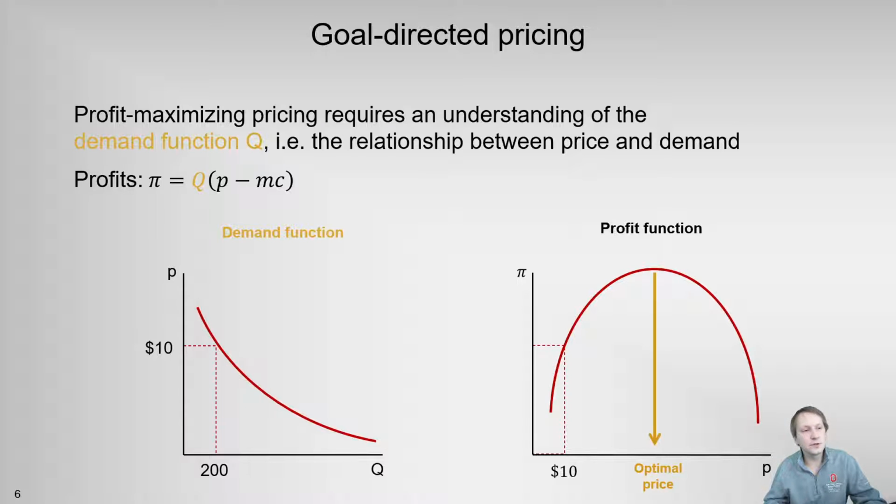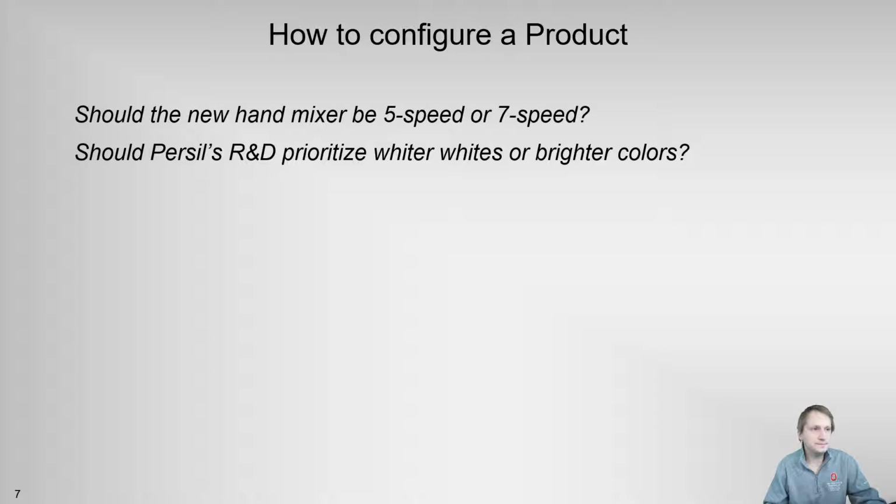Then you can look for the maximum of that profit function, and there you have your optimal price. So one key ingredient here is to understand the demand function. And again, that conjoint survey gives you the data that you put into a demand model that will allow you to approximate this demand function.